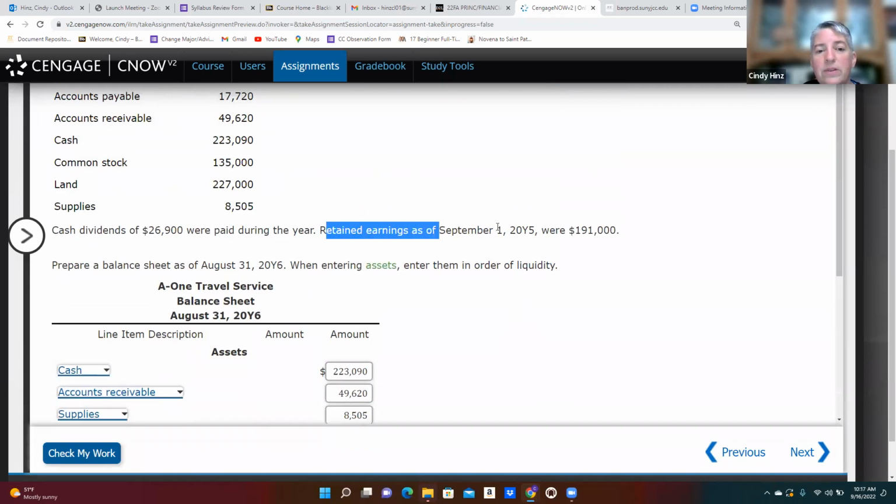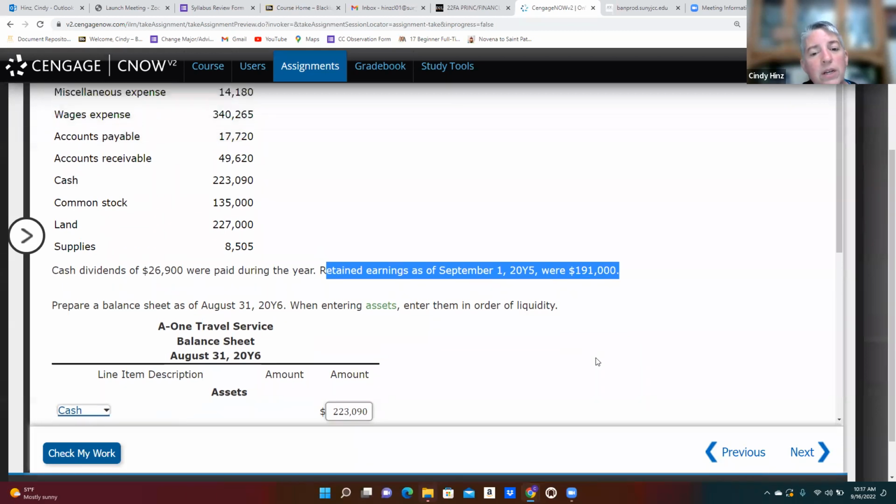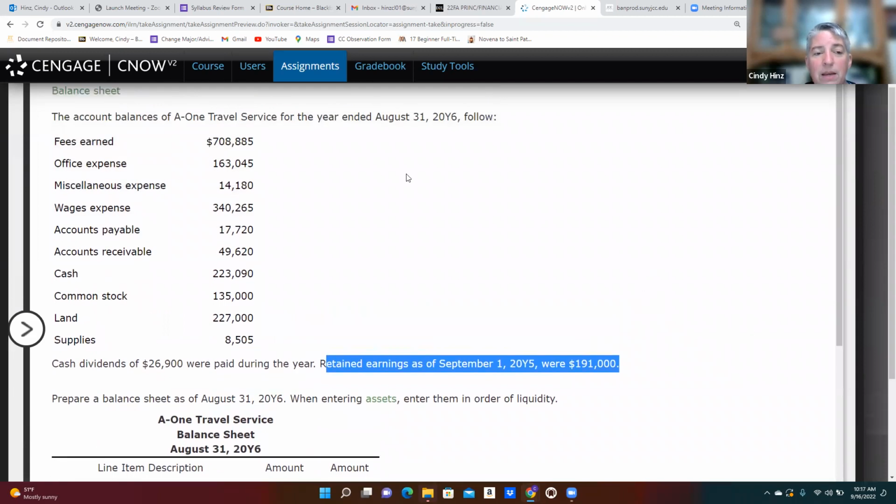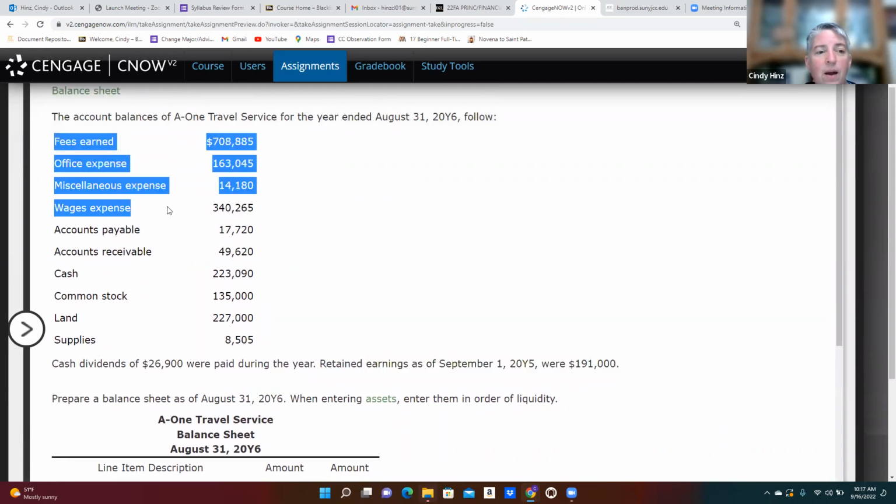You'll notice what it tells us about retained earnings. This is the beginning balance from last year. So we could go through an exercise to determine the ending balance by taking into account these four accounts right here. Revenues of $708,885 minus those three expenses.